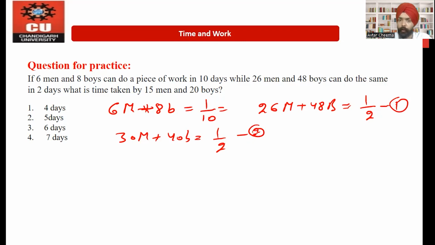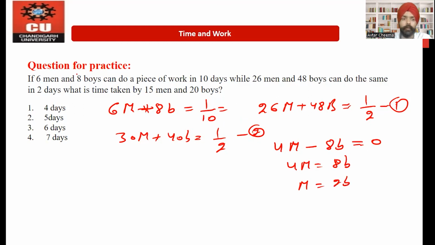Now we can say that from the second statement, subtracting the first one, what will I get? I will get 30m minus 26m is 4m minus 8b, because 40 minus 48 is equal to minus 8. That is 4 man is equal to 8 boy. 1 man is equal to 2 boy.